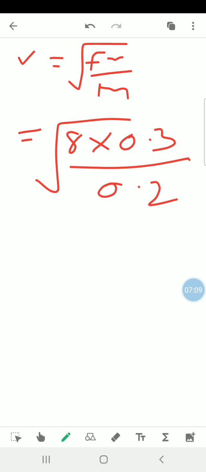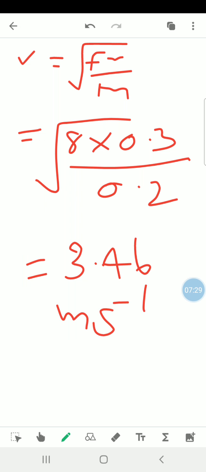So you do that. Then 8 into 0.3 is 2.4. 2.4 divided by 0.2, and taking the square root, you will get the final answer to be 3.46 meters per second. I hope you understood that.